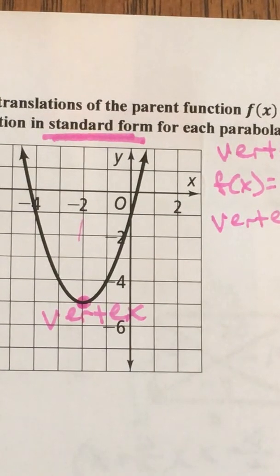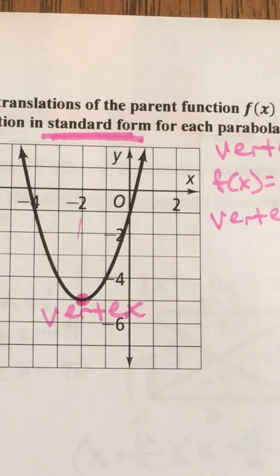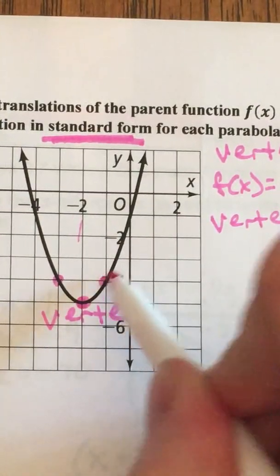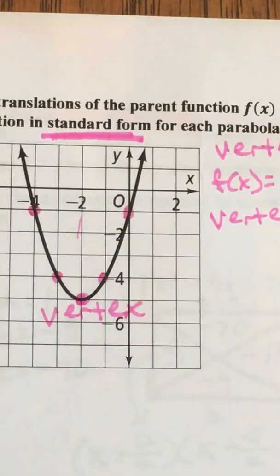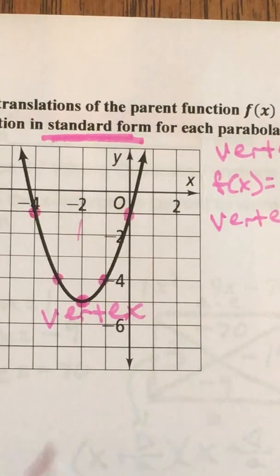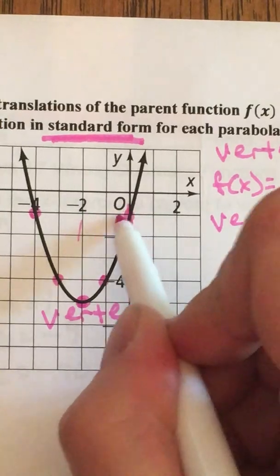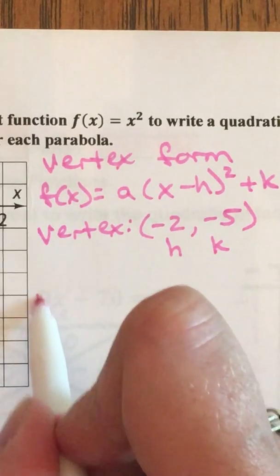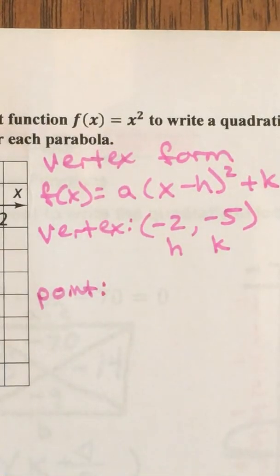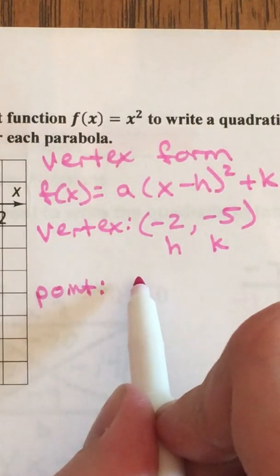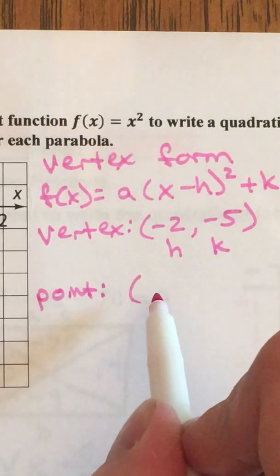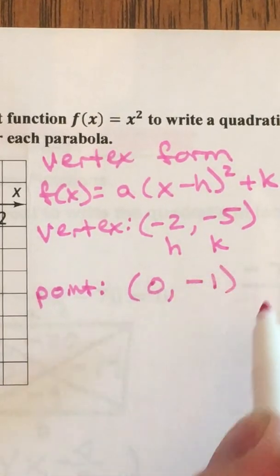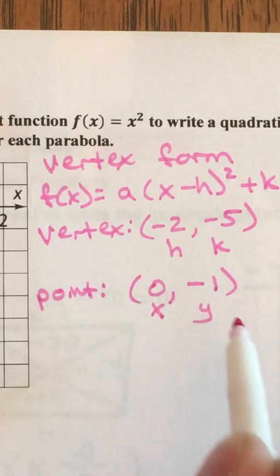I see 4 on our graph that we could choose from. There they are. I'm going to pick this one. You could have chosen any of those 4, and you should get to the exact same answer as me. But for the sake of making it all together, let's use 0, -1. This is your X, this is your Y.